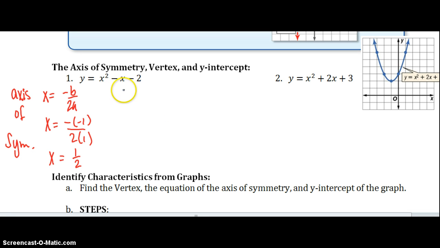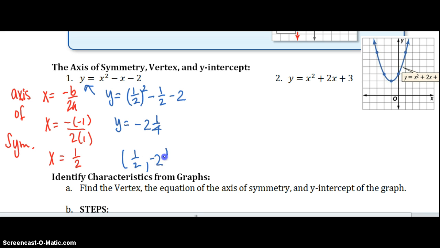Now to find the vertex, we know that x is going to be 1/2, and we need to find our y. So here it is, y equals, and in place of x, we're going to put in 1/2, squared, minus 1/2 minus 2. And we can punch all that into our calculator, and we find out that y equals a negative 2 1/4. Is this the exact same problem that I just worked? I think it is. Okay, so on the previous page, we did not really talk about the y-intercept when I worked this problem before.